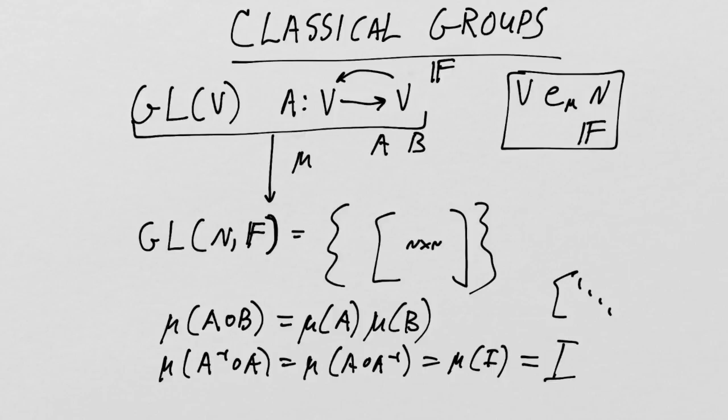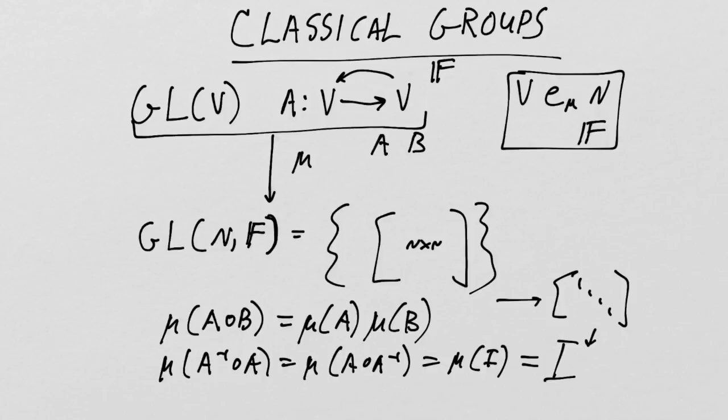This guy here has to be all these ones down the diagonal, because we know that is the unit or the identity matrix in the matrix group. So it has to represent the same identity matrix as in the abstract group. And then all these things make it essentially an isomorphism. So we can comfortably talk about this matrix group, and we're capturing everything in this abstract group.